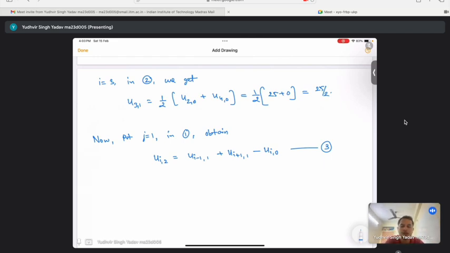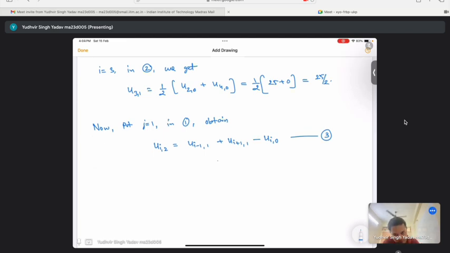In this step, we will obtain all the values at the second time step, as we have fixed j equals 1. On the left-hand side we will have u(i,2), which represents the solution of u at time step 2, using the initial time steps, that is t equals 1 and t equals 0, that we already know from our previous solution.